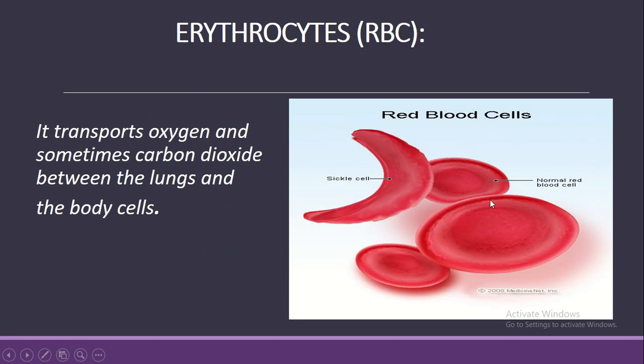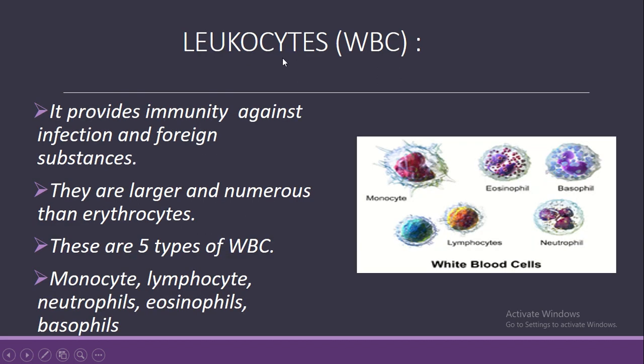This is a normal RBC, the red blood cell. This is a sickle cell, an abnormal cell. Erythrocytes transport oxygen and sometimes carbon dioxide between the lungs and the body cells. So leukocytes, WBC, provide immunity against infection and foreign substances.